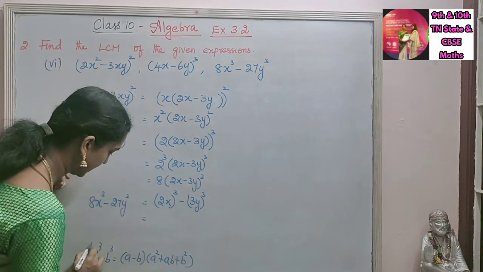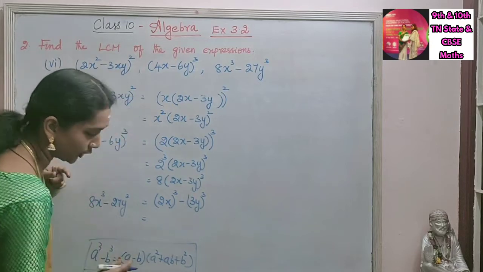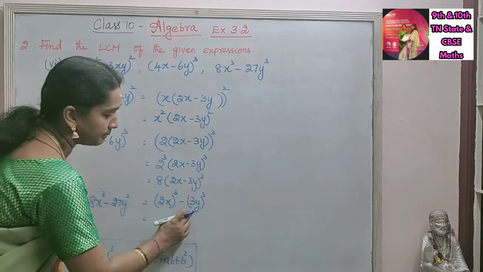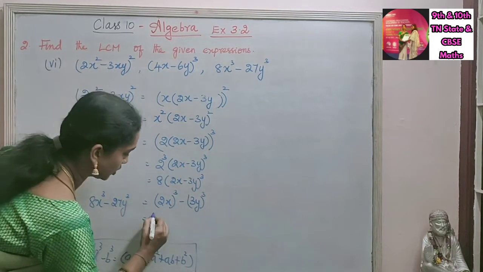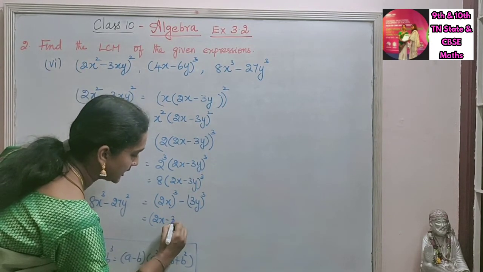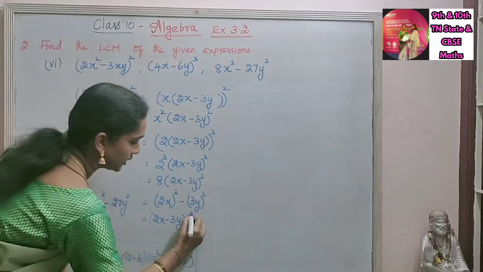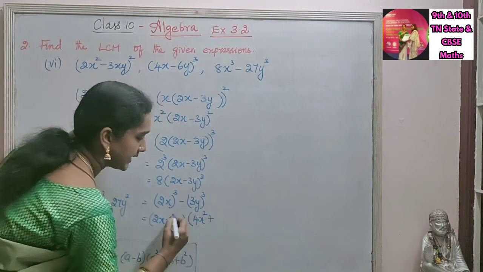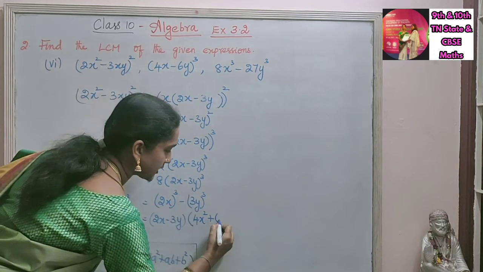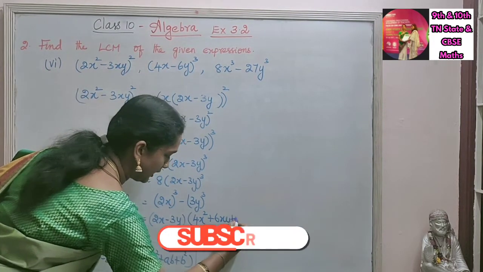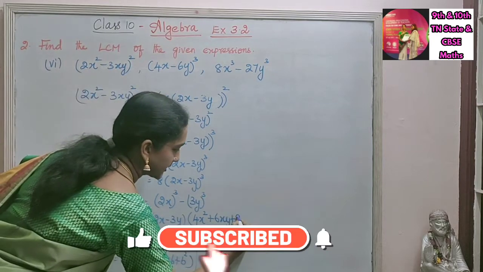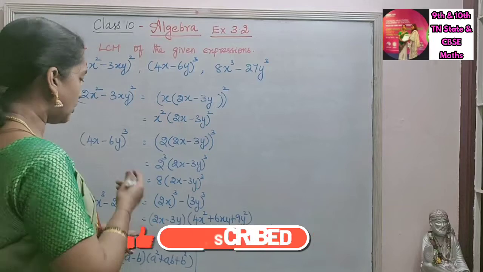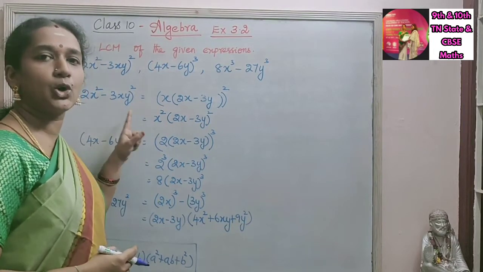Here a is 2x and b is 3y. So a minus b into a squared, that is 4x squared, plus ab, 3 2s are 6xy, plus b squared, which is 9y squared. Now we have the factors of all the 3 expressions.